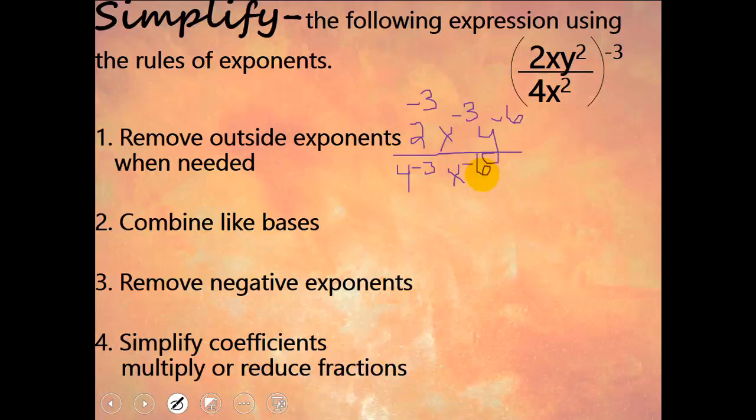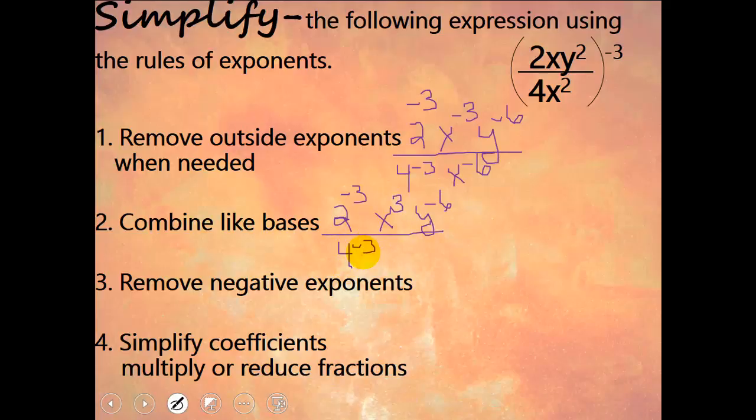Now notice that I have a base x here in the numerator and a base x here in the denominator. I'm going to combine those. So I have 2 to the negative 3 times x. This becomes negative 3 minus negative 6, so that's positive 3. And then y to the negative 6 over 4 to the negative 3.